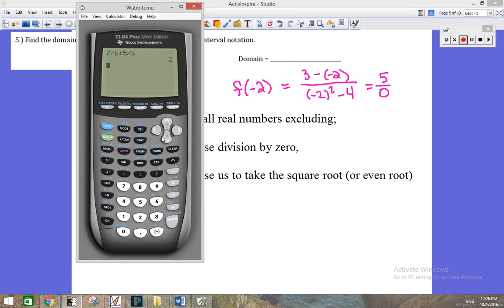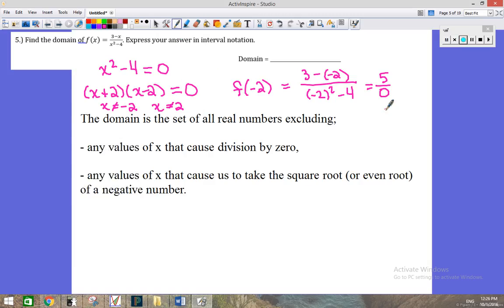Even if I try to get the calculator to give me some number, there'd be like an explosion saying, no, cannot be done, it would go crazy. So we need to exclude negative 2 and positive 2 from the domain.